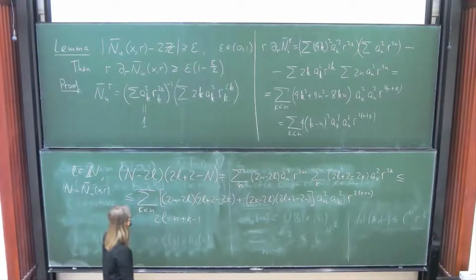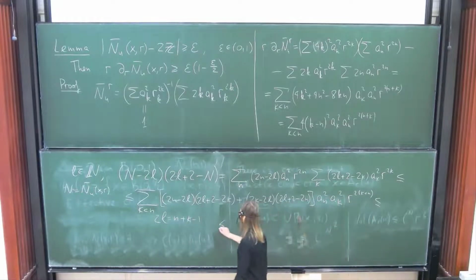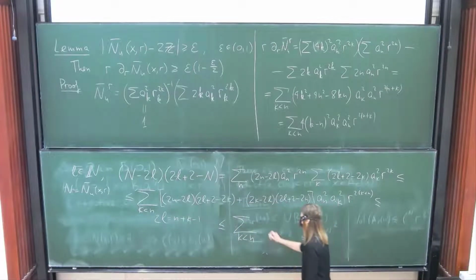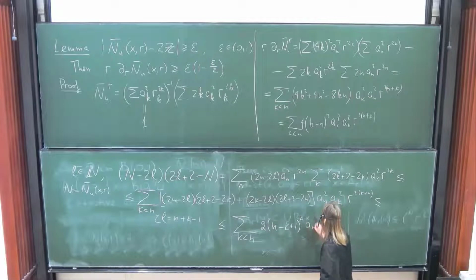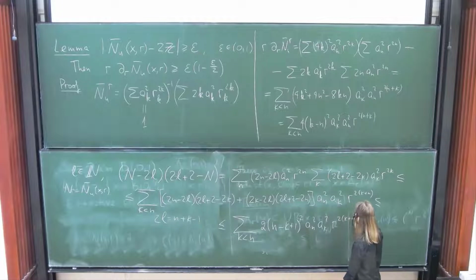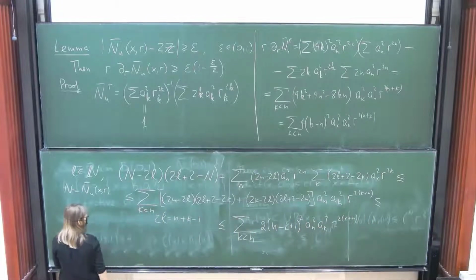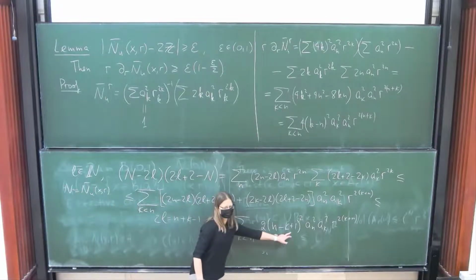And then you get that this is bounded by 2 times n minus k plus 1 squared. But also there is no term when n is equal to k. That is important.